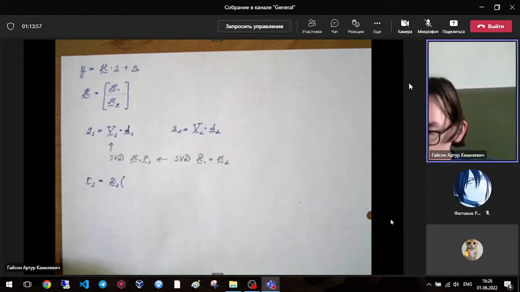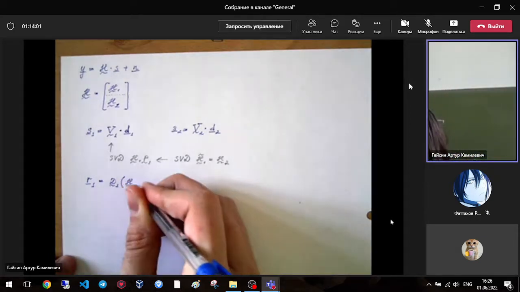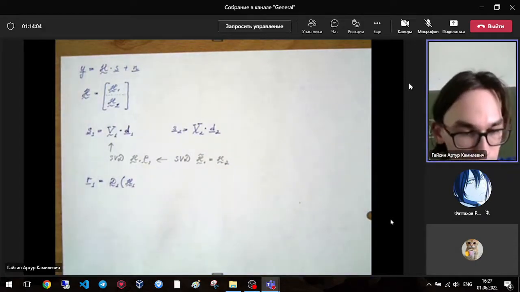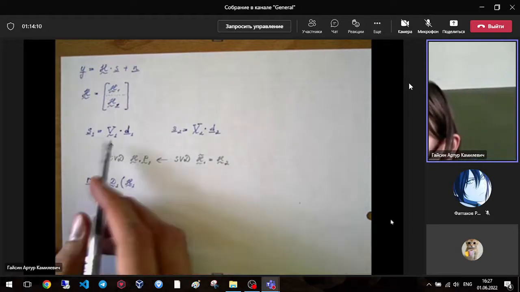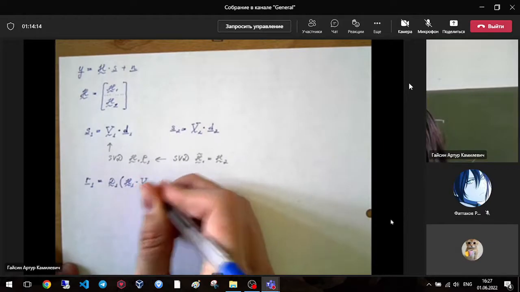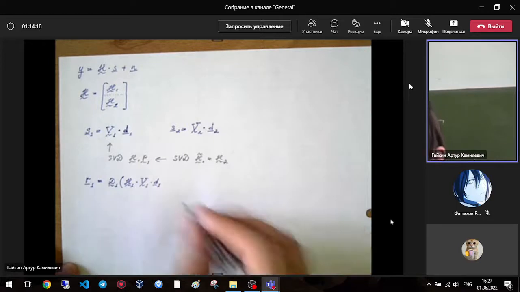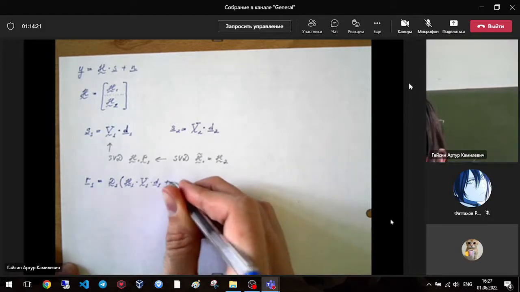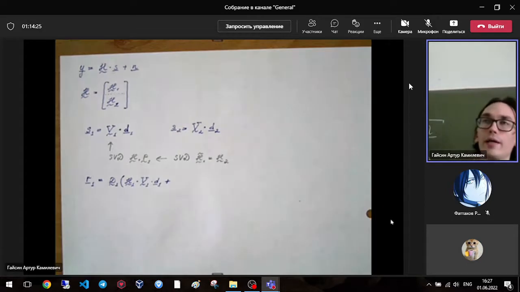So it will be something like channel 1 multiplied by the transmitted data to the first user, plus, through this channel 1, we also will get the interference from the second user.